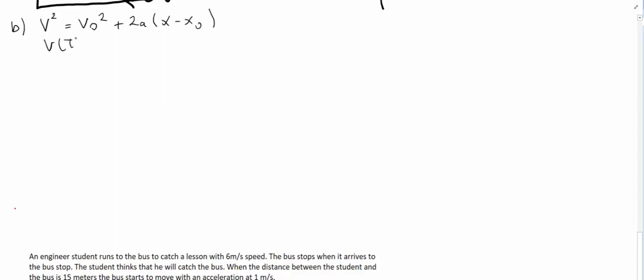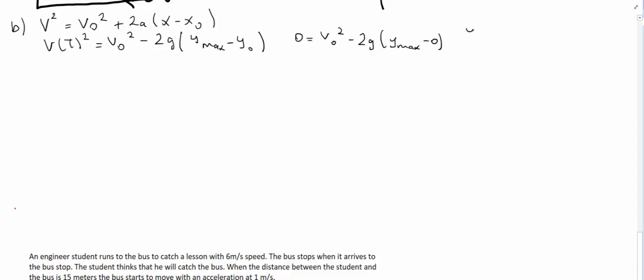And for vt squared, v0 squared minus 2g, instead of writing x because it's going upwards, we will write y max minus y0. And that should equal 0 equals v0 squared minus 2g(y max minus 0). So y max will be equal to v0 squared over 2g, and that is equal to 25 squared over 2 times 9.8, and that is equal to 31.9 meters.